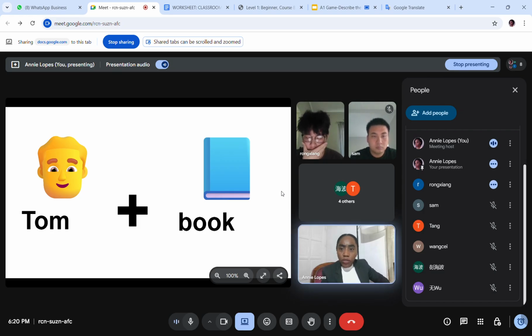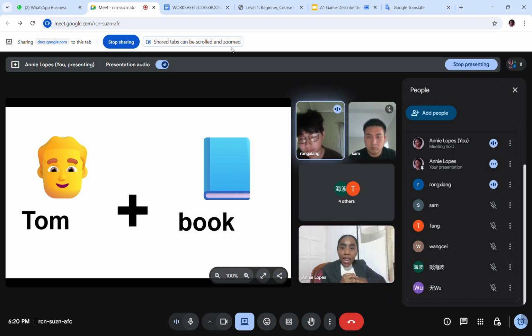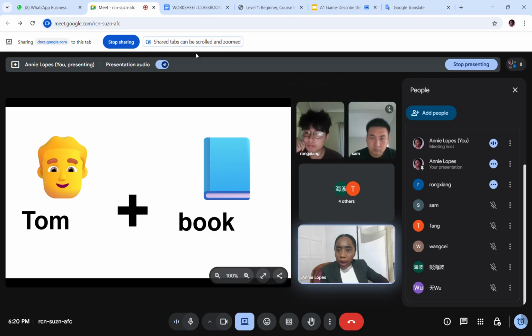My computer is buffering a little bit. It's a bit slow. Okay, it's recording. Let me just get this out of the way. Okay, excellent.